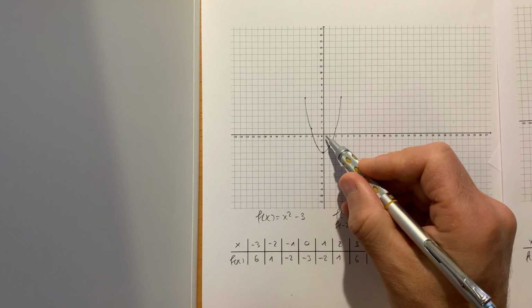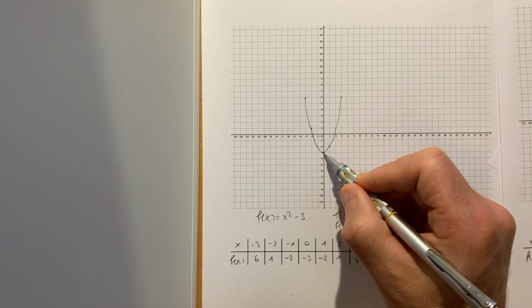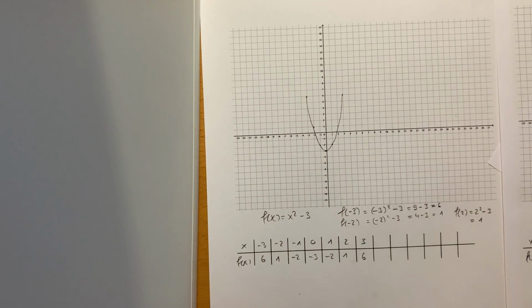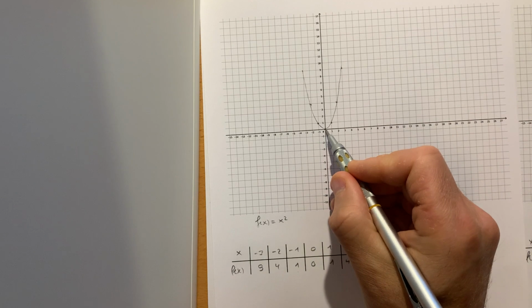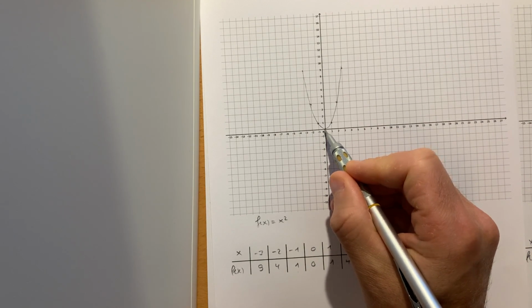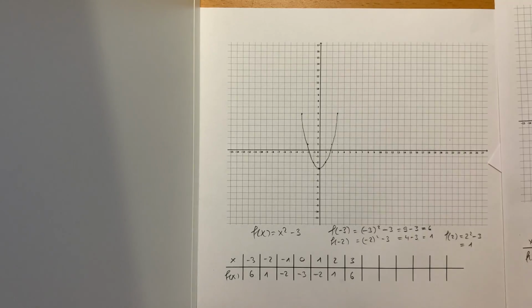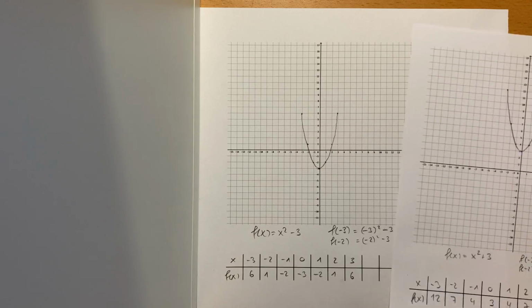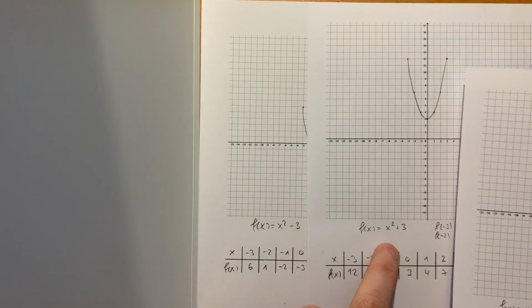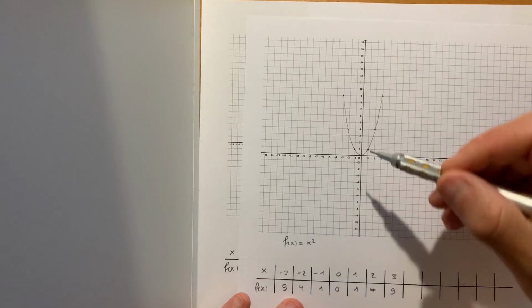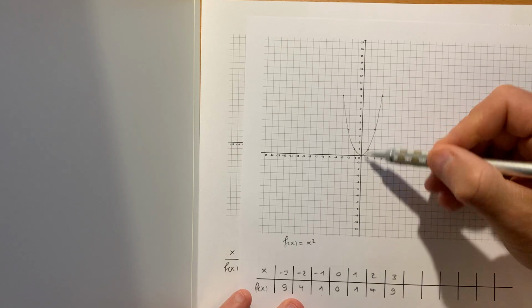And here it has its vertex at 0, minus 3. Well, when I said at 0, we mean at 0, 0, at the origin. I have to be clear. This has its vertex at the origin. So you see, apparently the minus 3 and the plus 3 do nothing other than shift this upwards or downwards.